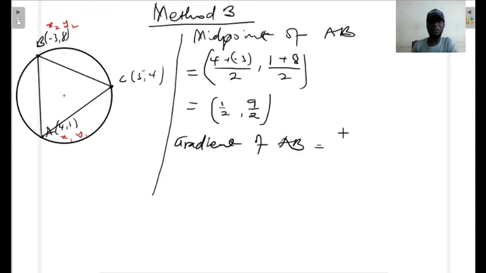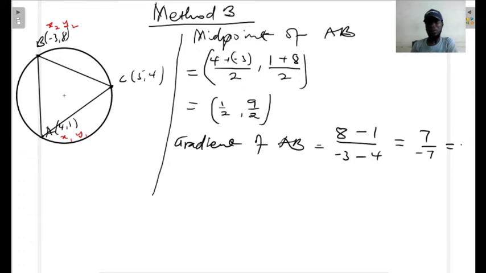So that will be y2 is 8 minus 1 over -3 minus 4. And that will give us 8 minus 1 is 7, -3 minus 4 is -7.